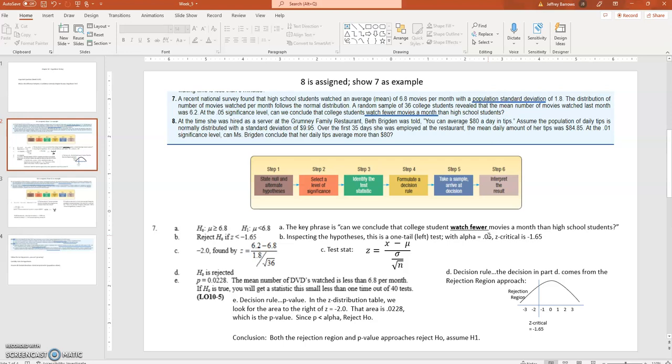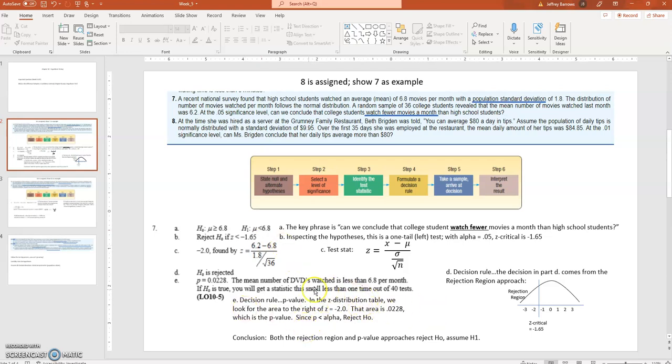So because your test statistic does fall in the rejection region, the conclusion would be to reject the null hypothesis and assume the alternative. So what we're seeing here is we're going to reject the fact that the mean is at least 6.8, and we're going to assume that it is actually less than 6.8 based on the sample.